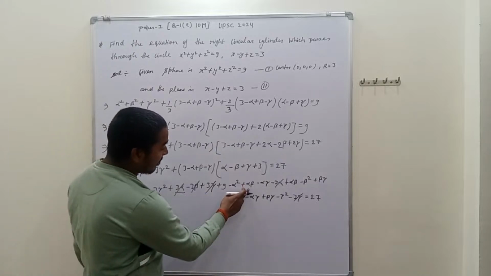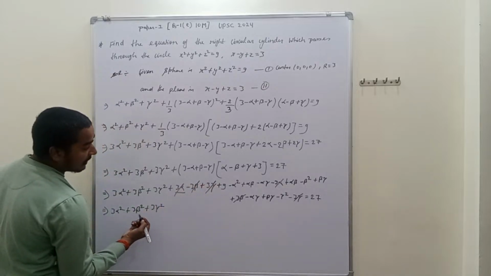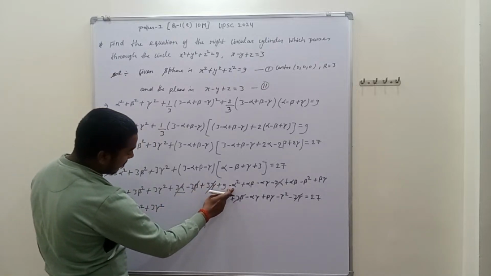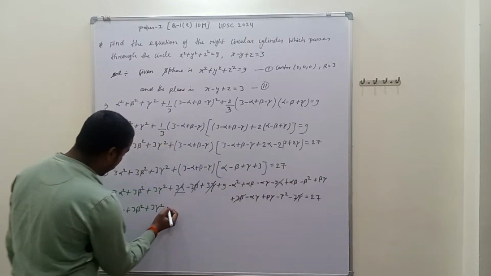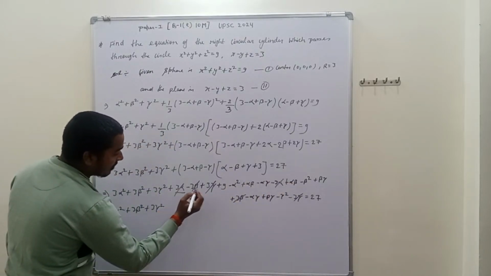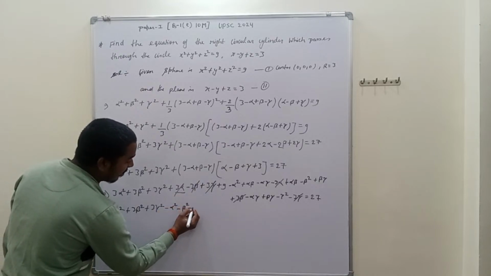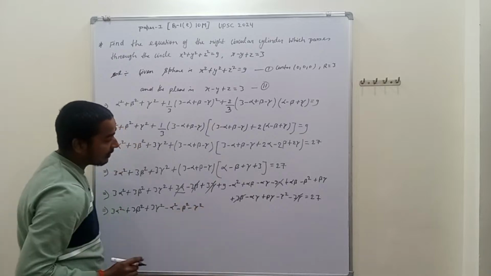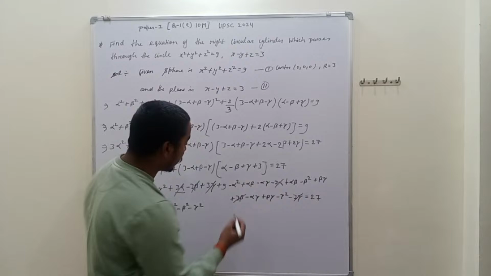Plus alpha beta and minus alpha beta. We have to further write minus alpha square, minus beta square, once again minus alpha square, minus beta square and minus gamma square, minus alpha square, minus beta square, minus gamma square.